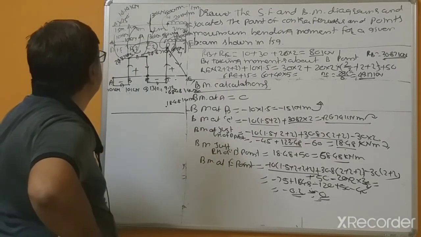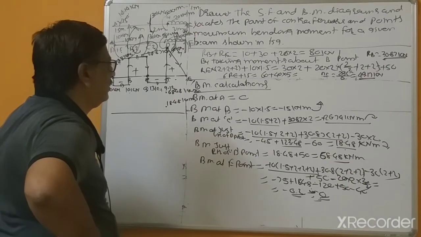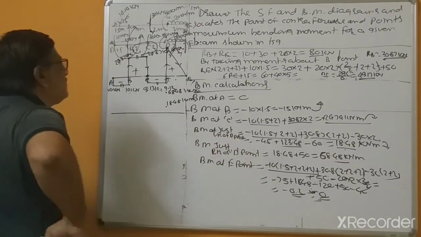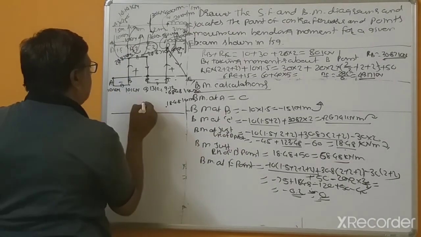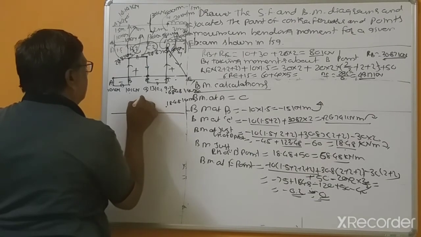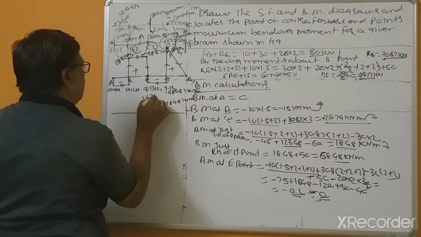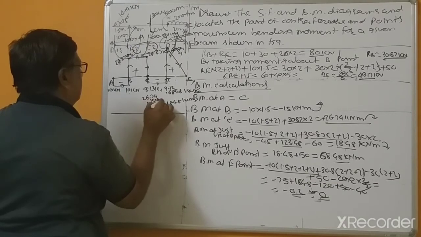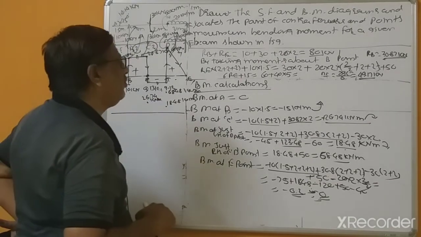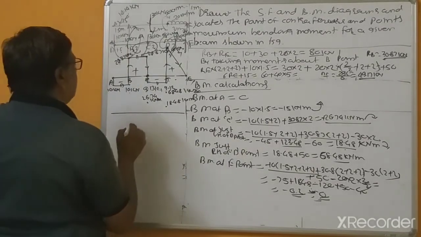C point 26.74. Bending moment at B point 15 kilonewton meter.